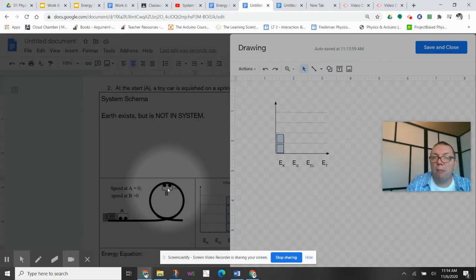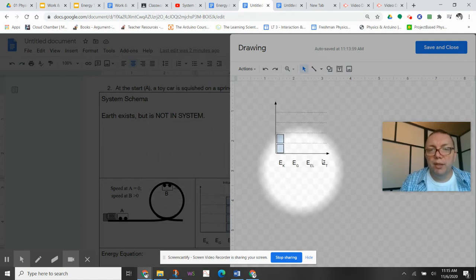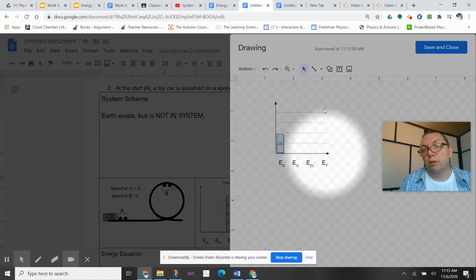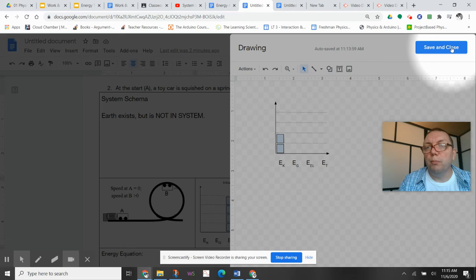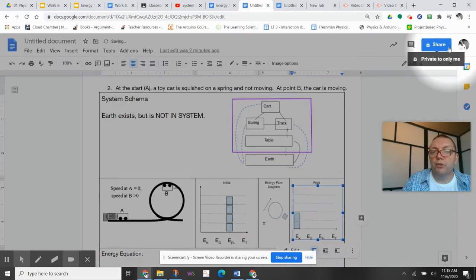The object does have mass, but the g of 9.8 newtons per kilogram is outside of our system. If the g is outside of our system, then we don't include that gravitational energy. So in this case, we're done. That is our final energy state.